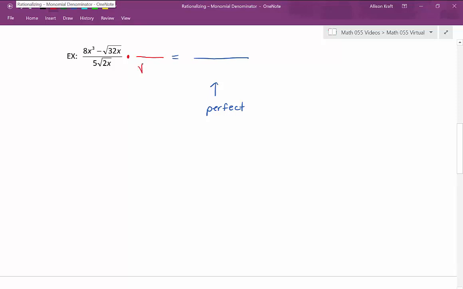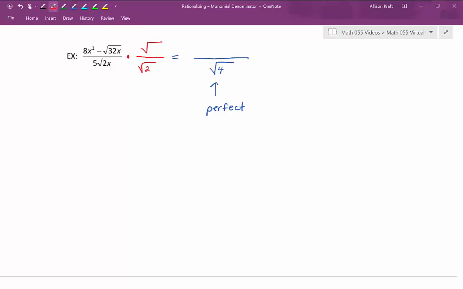We're dealing with square roots, so we know that the radical we're going to be multiplying by is a square root. So 2 times what gives us a perfect square? Well, 2 times 2 is going to give us the square root of 4, which is a perfect square.